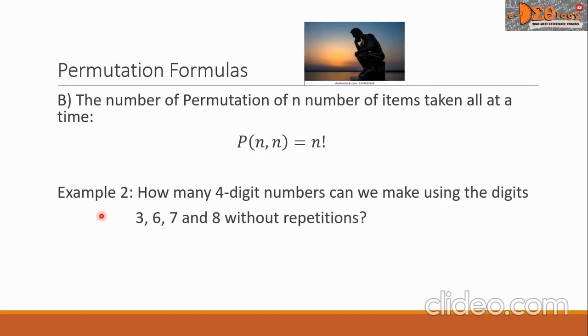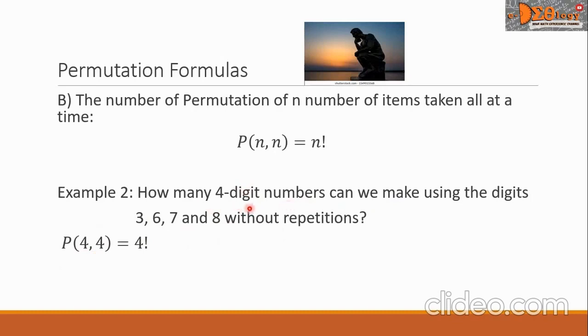Example 2. How many 4-digit numbers can we make using the digits 3, 6, 7, and 8 without repetitions? So we write P of 4, 4, there are 4 digits here, and 4 because we require 4-digit numbers.